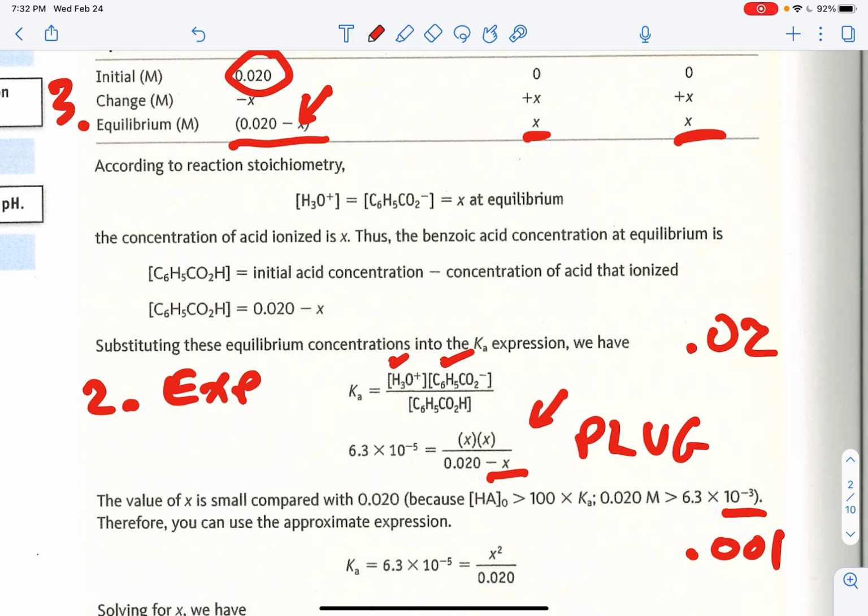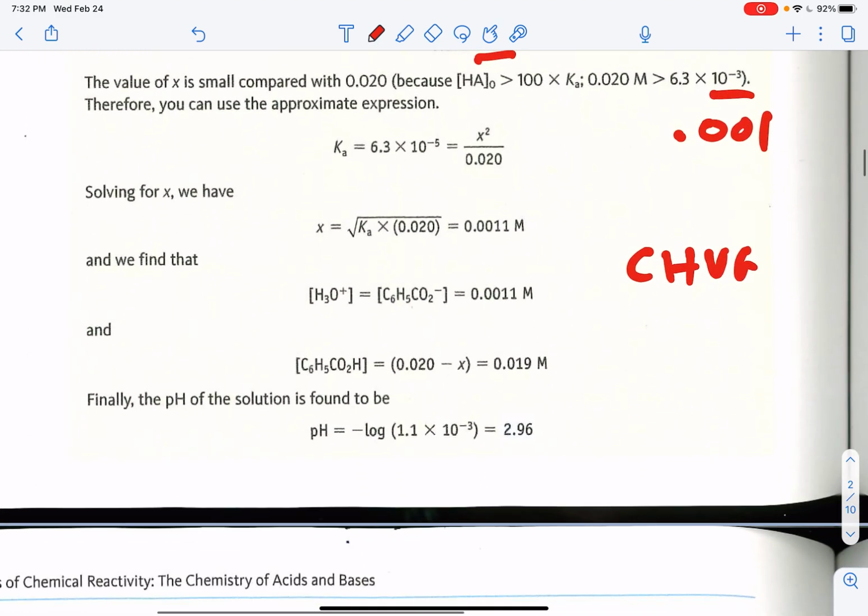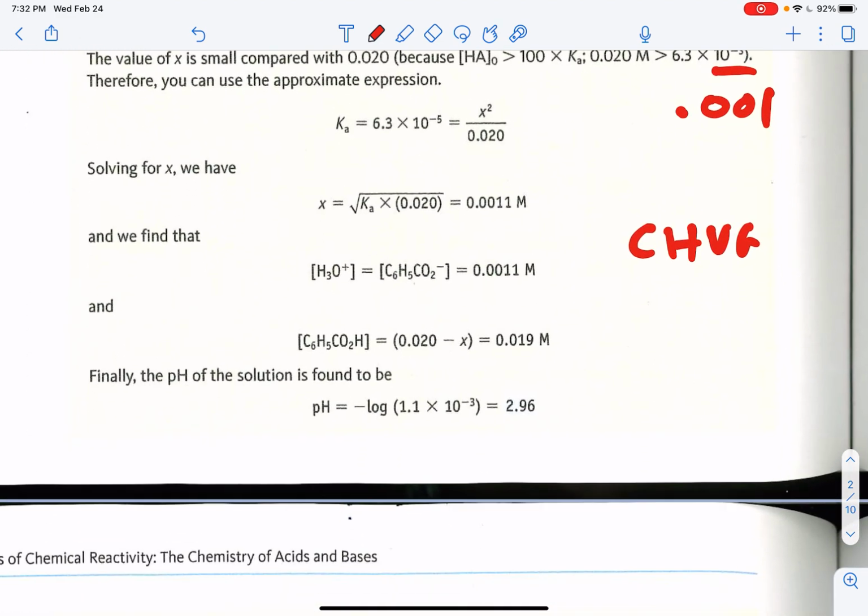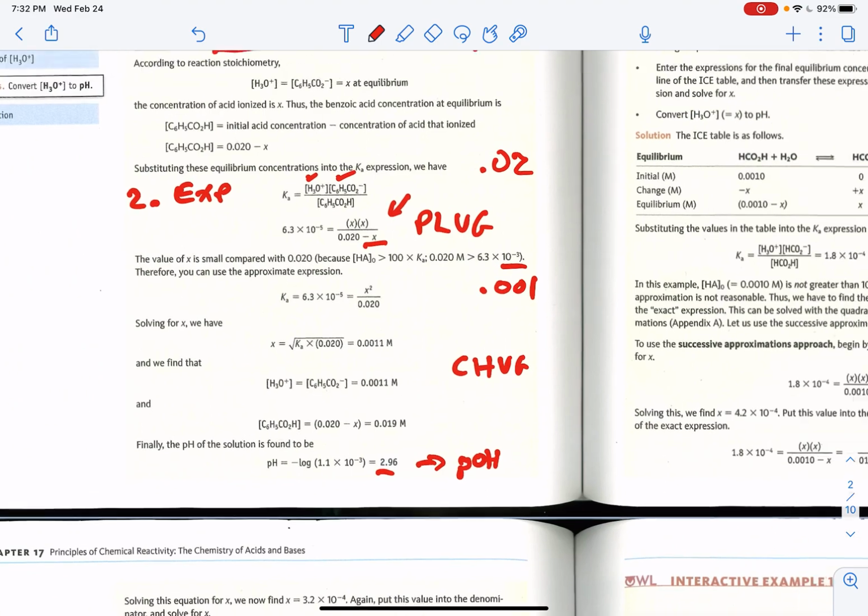But if it's the molarity of my hydronium ions, then it's an easy thing then to take the negative log of that in order to get the pH. And if I needed to, I could also find the pOH by subtracting that number from 14.